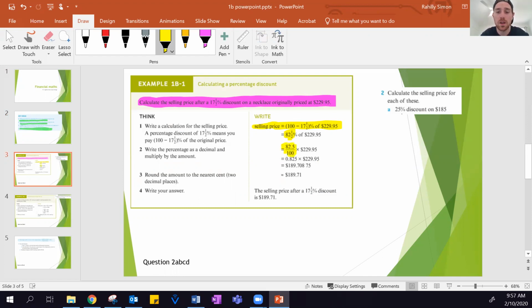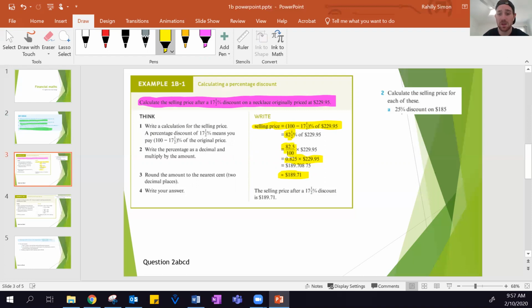So they divide that by 100. So it's actually 0.825 times your total amount, and that gives you the answer. So you need to go 100, take away your discount, divide it by 100 to give you that as a decimal, and then multiply that by your amount.